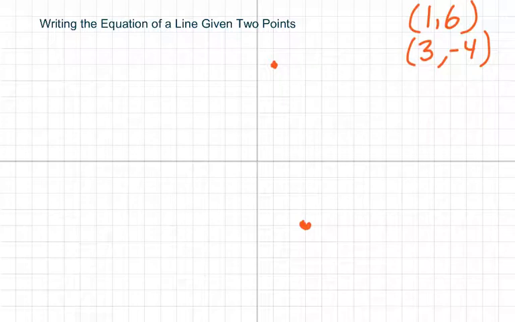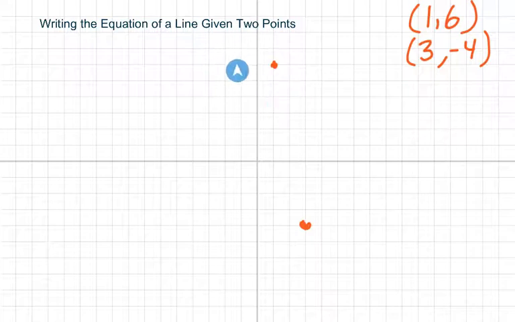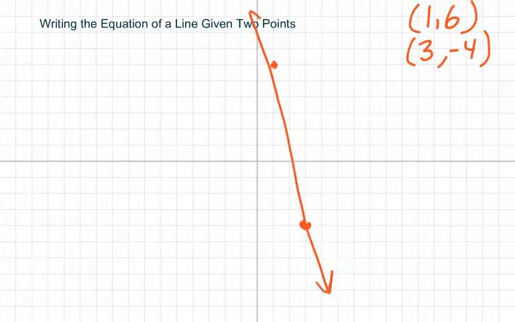But once I have that second point, I go from an infinite number of lines to just one. There is only one line that will go through both of those points, and I can go ahead and draw that line. That was a terrible job drawing it, but you get the idea.